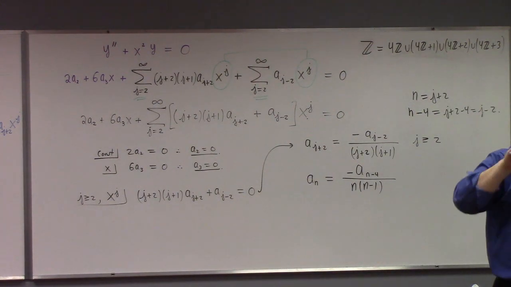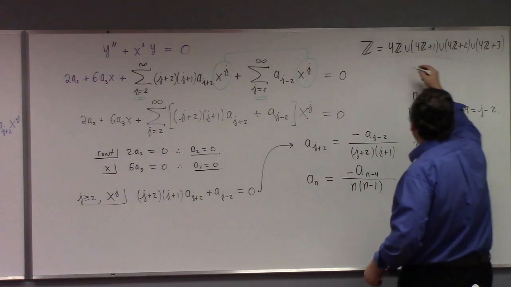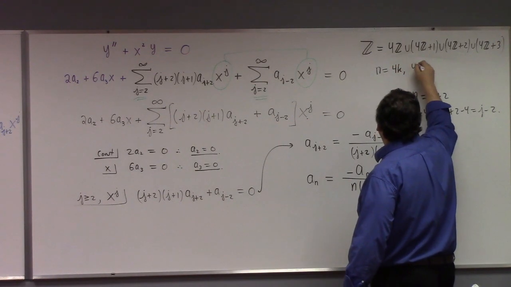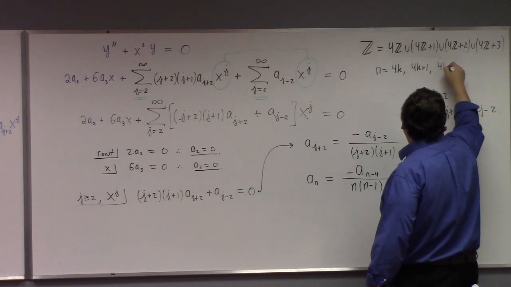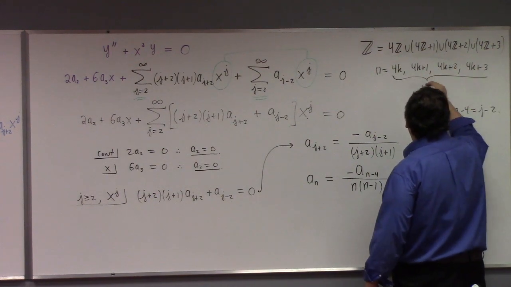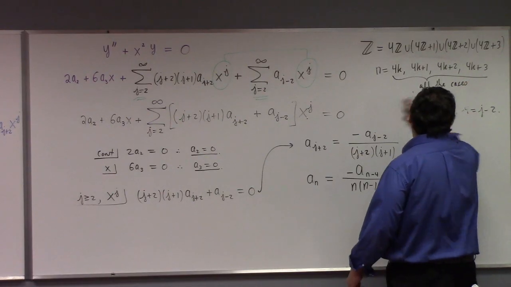You can divide the integers into these 4 classes, like 0, 4, 8, 12, so forth and so on, 1, 5, 9, 13, 2, 6, 10, 14, and 3, you get the idea, right? So basically we can look at n equals either 4k, or 4k plus 1, or 4k plus 2, or 4k plus 3. This is all the cases to consider.